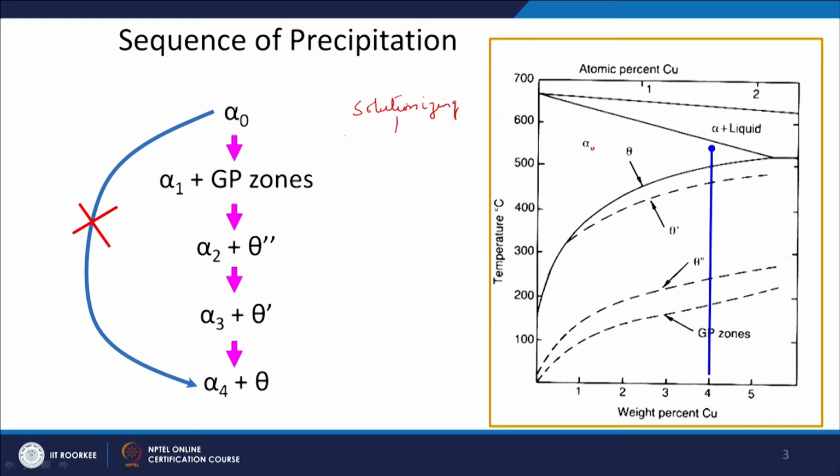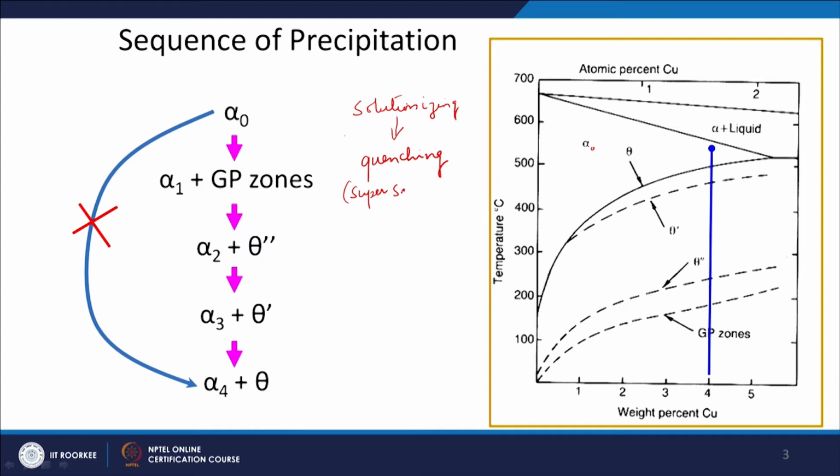Okay. After solutionizing we will do the quenching operation. Okay. Why are we doing quenching? That we want to retain all the copper which is in the solution in that form only. So, basically if you do the quenching you will get the supersaturated solution, okay, supersaturated solution of copper in aluminum, okay, that is what you will get.